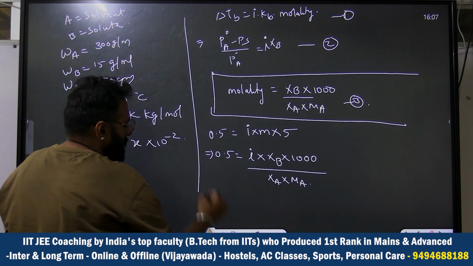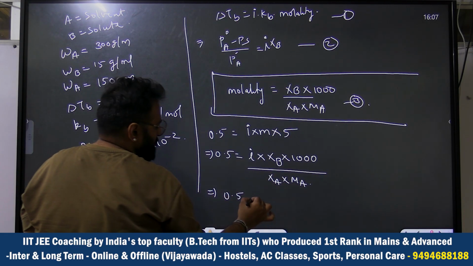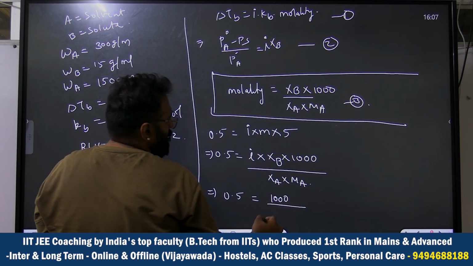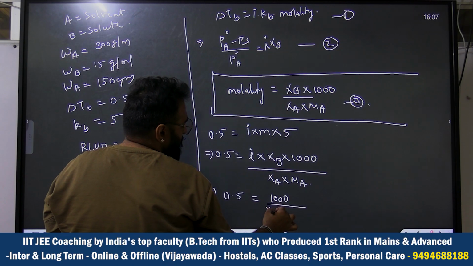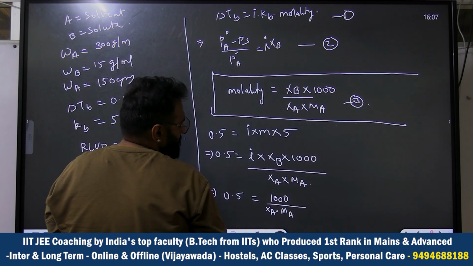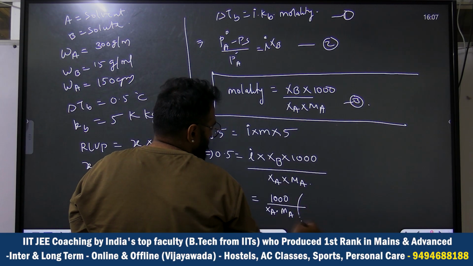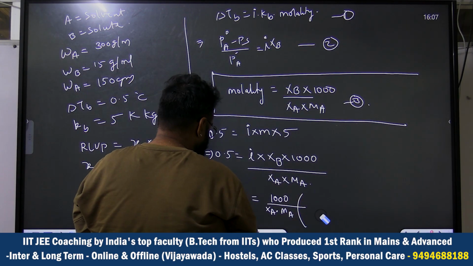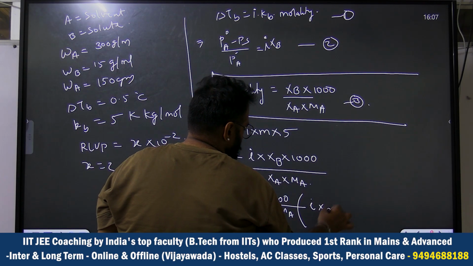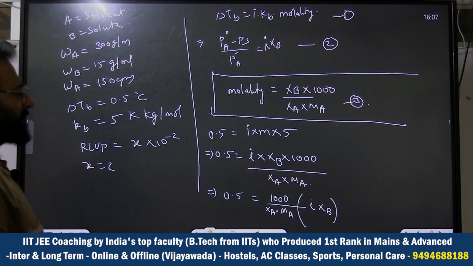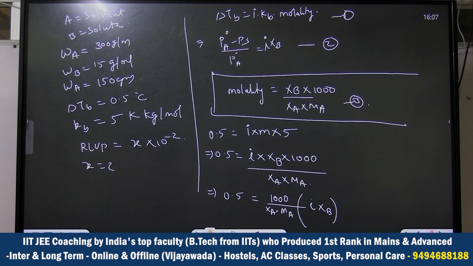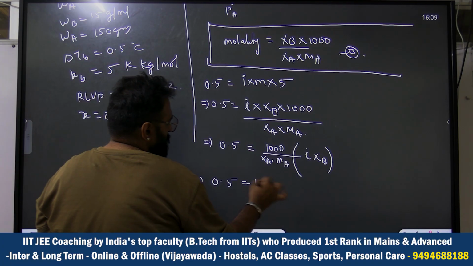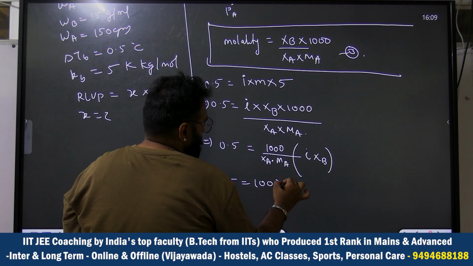Now 0.5 is equal to 1000 upon XA into MA, into I into XB. This is our relation.